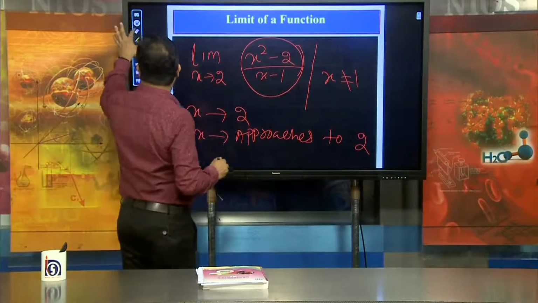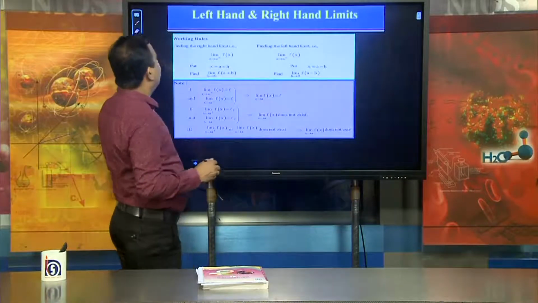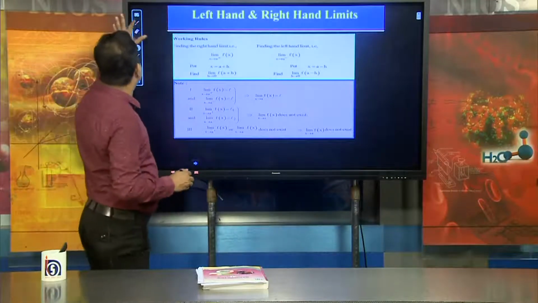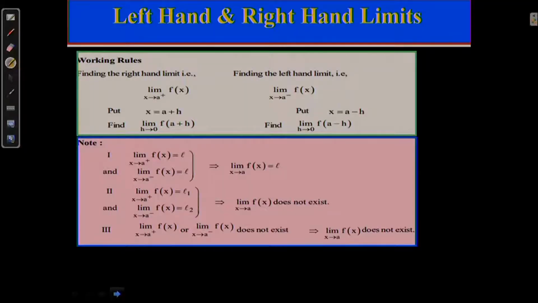When talking about left hand and right hand limits, we must understand them. Suppose, for example, we are finding the right hand limit of f of x as x tends to a plus, which means x tends to a from the positive direction.